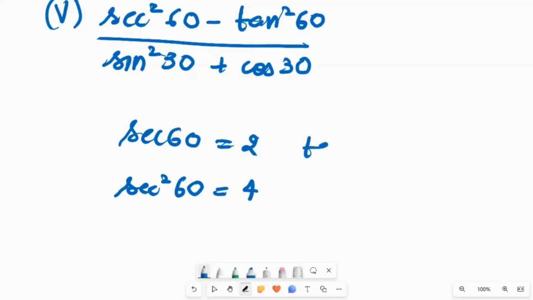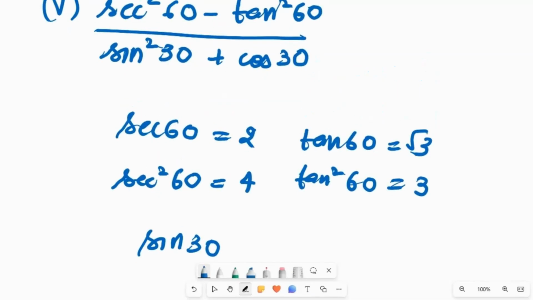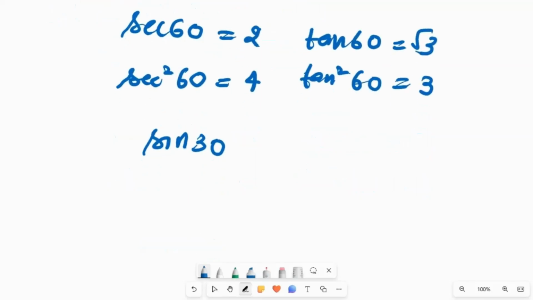And tan 60 is equal to root 3. Next, tan square 60 is equal to 3. Now we have sin 30 and cos square 30. Next, sin 30 we have 1 by 2, and sin square 30 will be equal to 1 by 4.